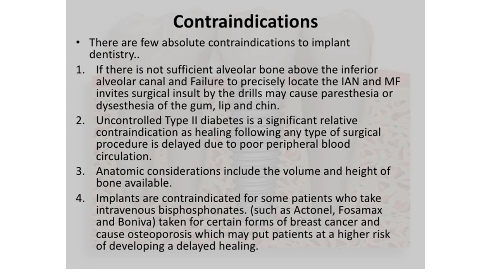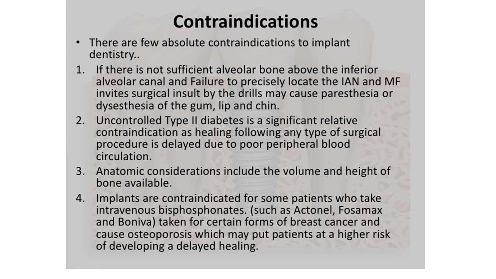This is a major contraindication because any kind of surgical insult by your instrument may cause paresthesia or dysesthesia of the gums, lips, and chin. So you should have good knowledge about the anatomy of the vasculature and the nerve supply of the concerned area.